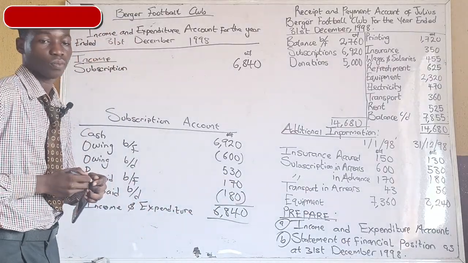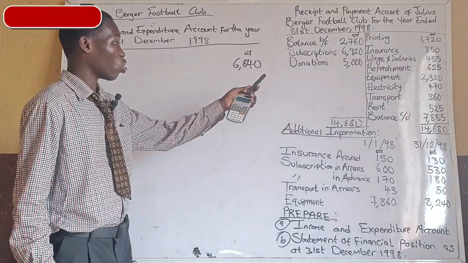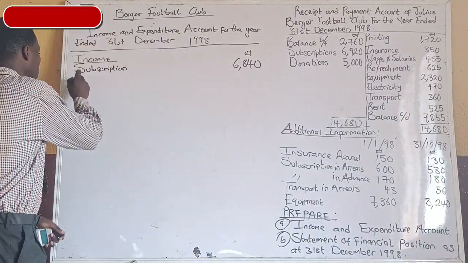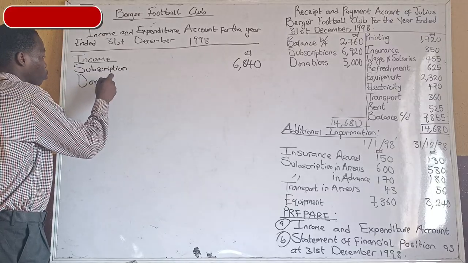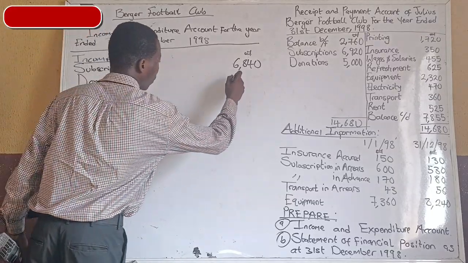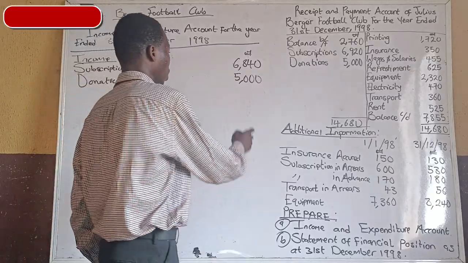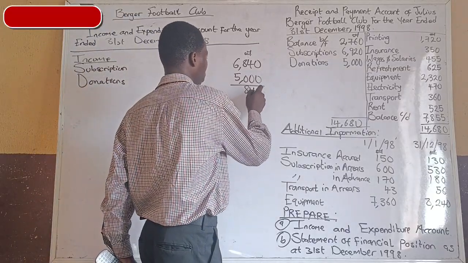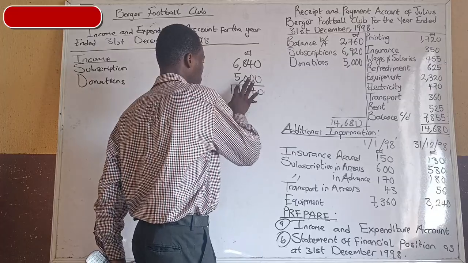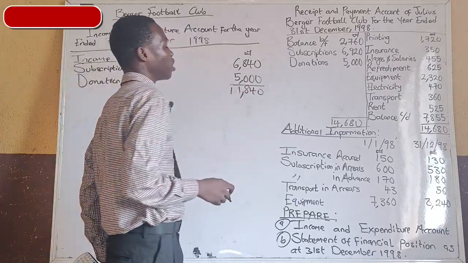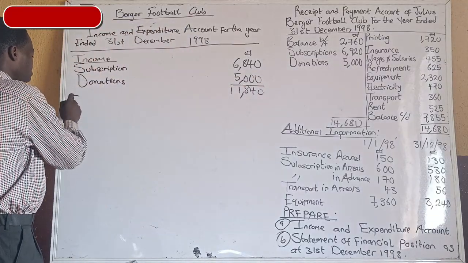Do you get it now? Then the next income is donations, which is 5,000 naira. So we don't have any other income. Let's add this up. This gives 11,840. Let's move to our expenditure.